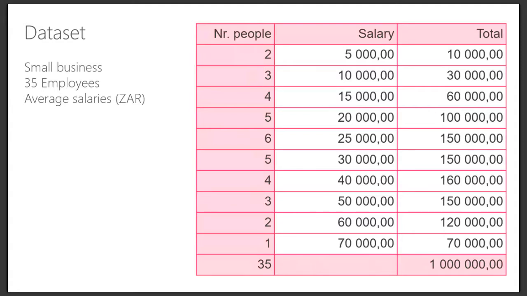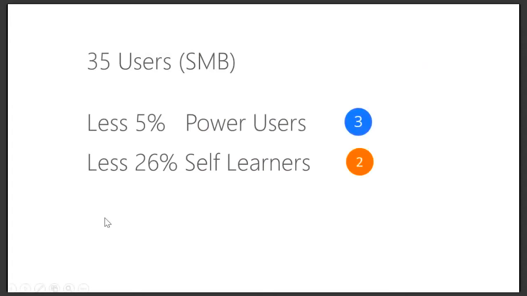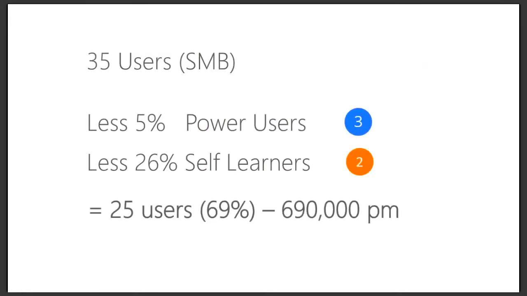So I didn't use high salaries. I used very low averages so that people could get the idea. So I took 35 people and average salaries in a company, in ZAR per month. Then, remembering that statistic I have about power users and self-learners, on that first slide I deducted those guys.